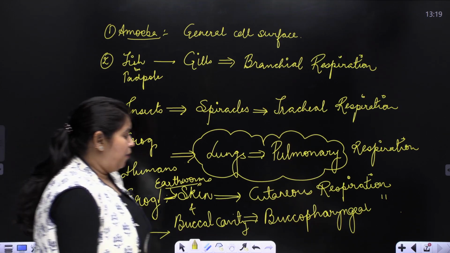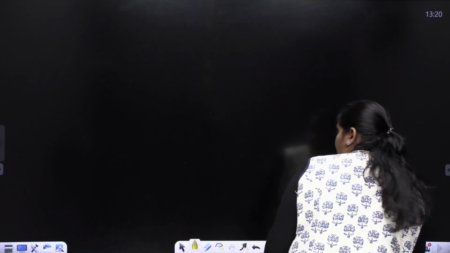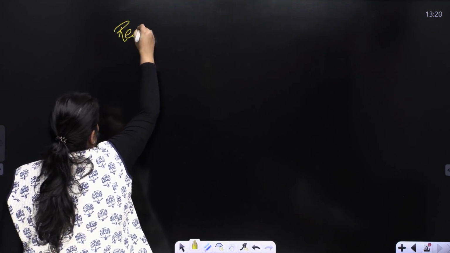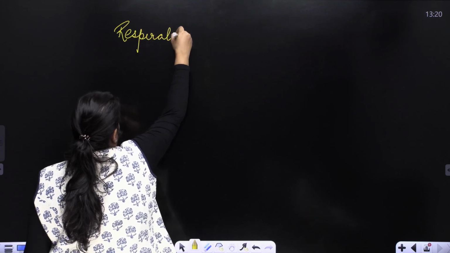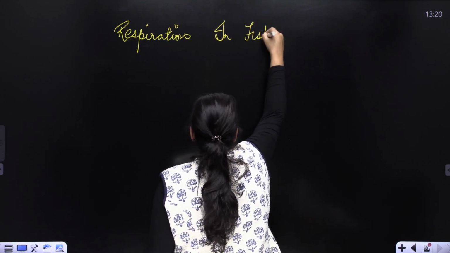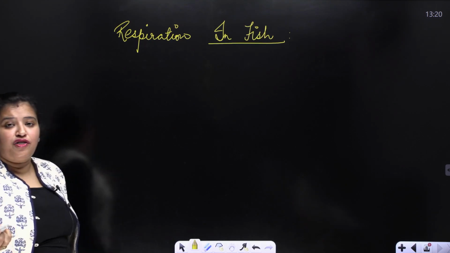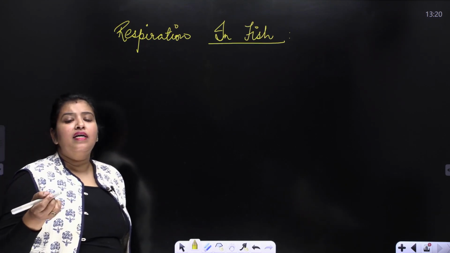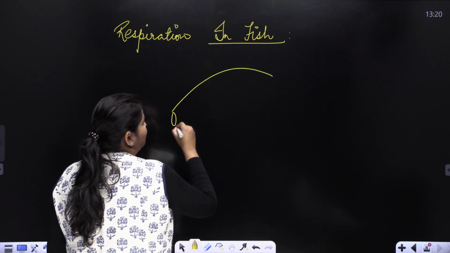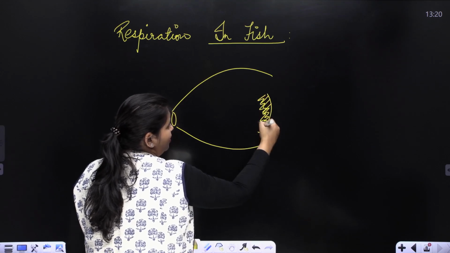All right. Now, let us talk about respiration in fish. How does respiration take place in case of fish? That is, I am talking about the branchial respiration. Now, quickly I'll draw some part of the fish. These are the gill slits and the gills.